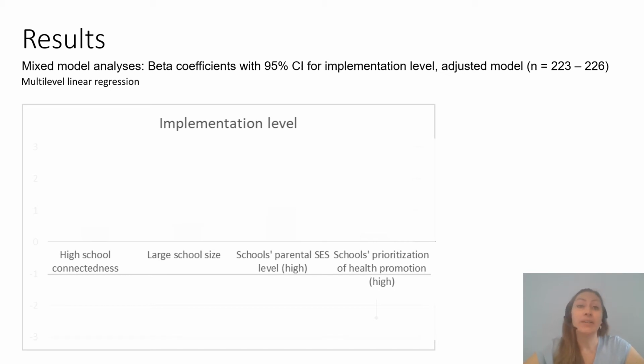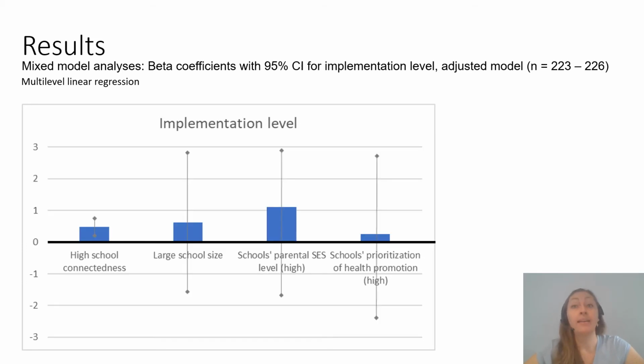So I looked at school connectedness of the children, the size of the school, the school's parental level of socioeconomic status, and school's prioritization of health promotion. Here are the results. In an analysis like this, only the results where the confidence interval, here shown as this vertical line, do not cross over the value of 0 are significant.